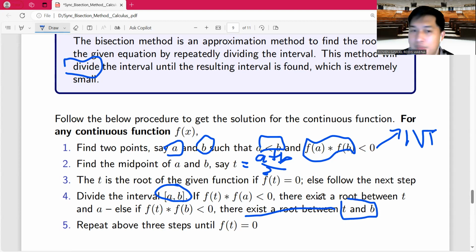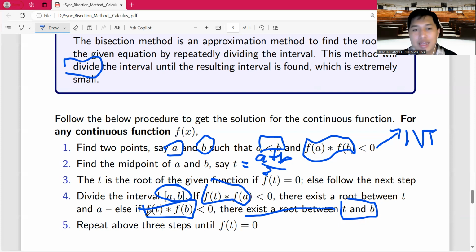Again, I just need to remind you that there exists a root between T and A if f of T times f of A is negative. And there's a root between T and B if f of T times f of B is negative.